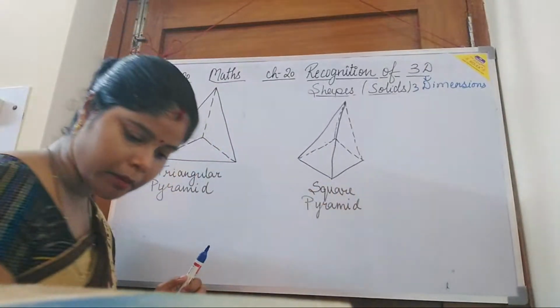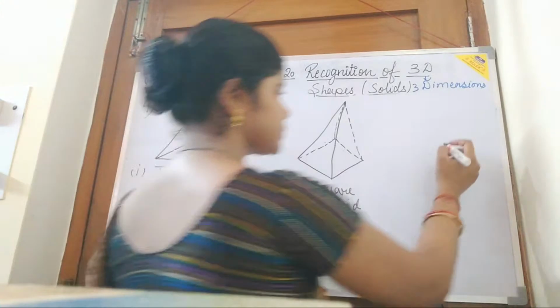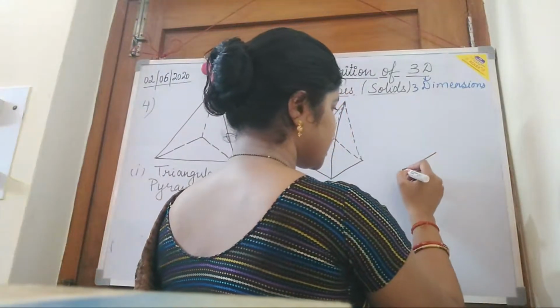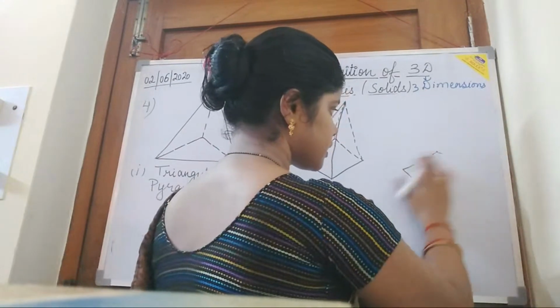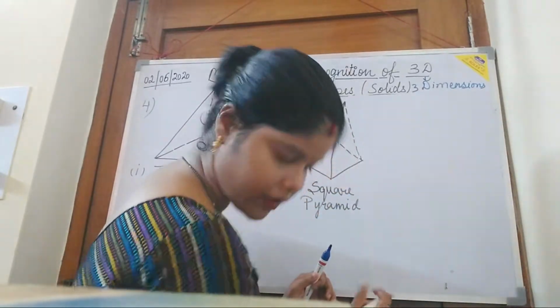And here one more pyramid is there, the pentagon pyramid. Pentagon means its base is of 5 sides.